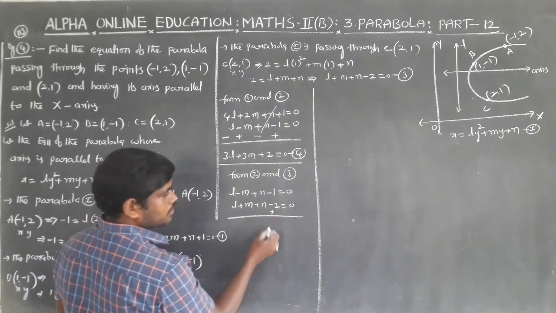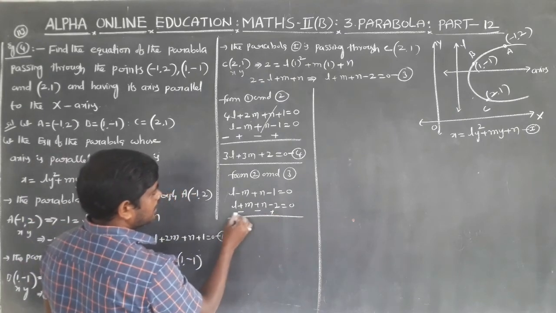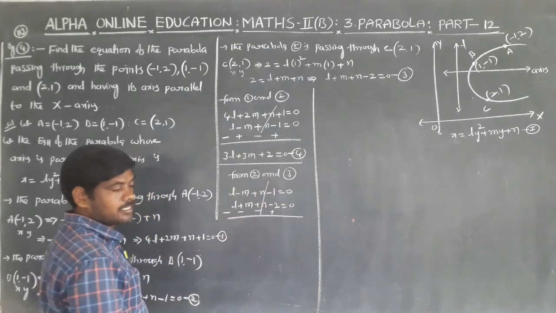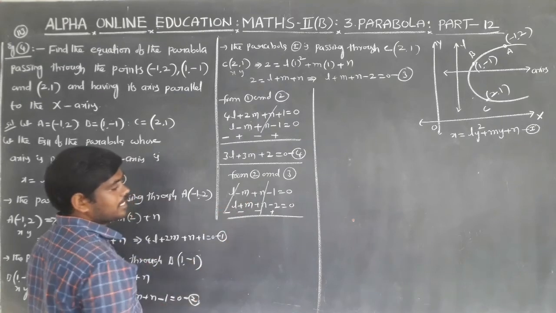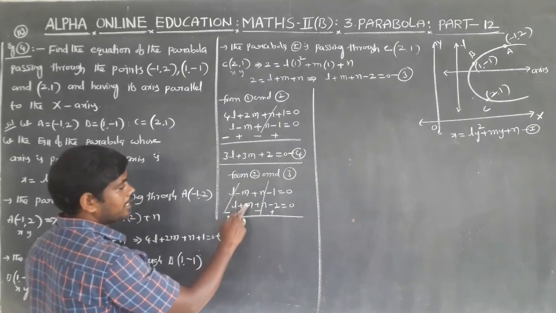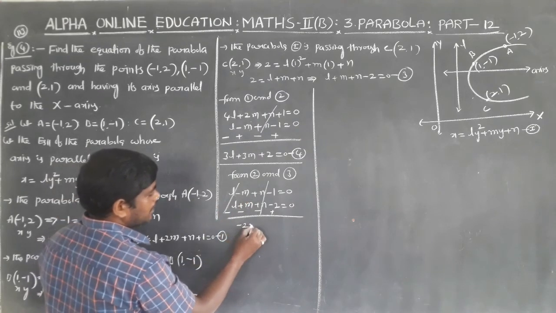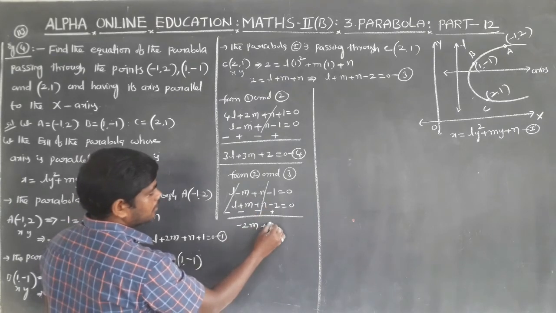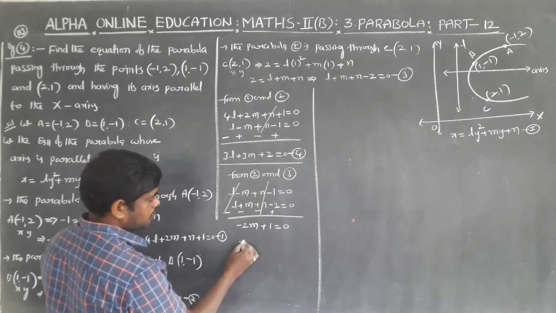Subtracting: plus n minus n get cancel, plus L minus L get cancel, minus m minus m gives minus 2m, plus 2 minus 1 plus 1 is equal to 0.